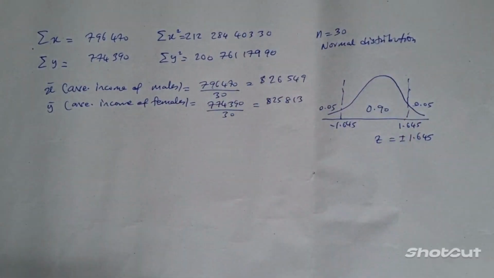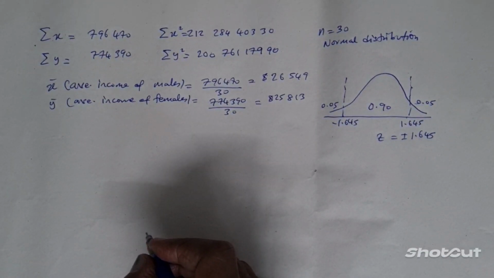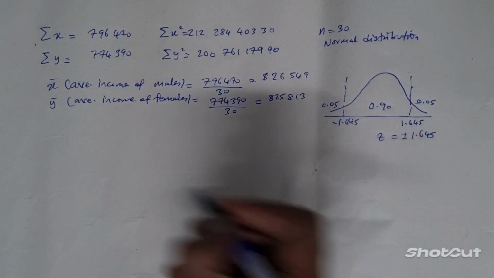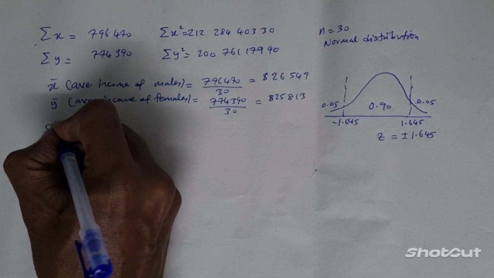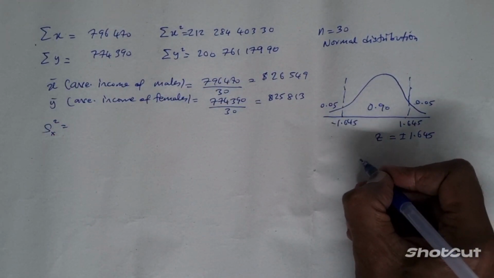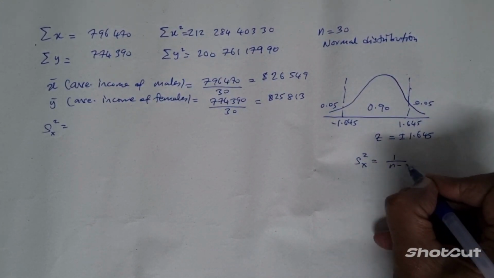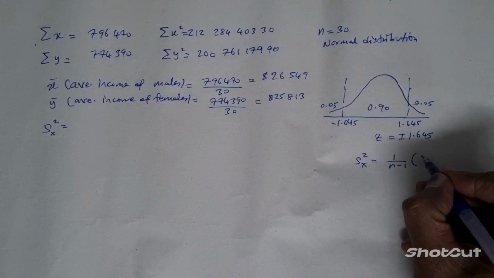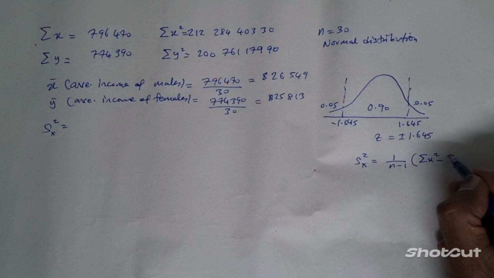So the next thing I want to do is find the unbiased estimate of the male and female population variances. An unbiased estimate of the male population variance is going to be, using the formula, 1 over n minus 1 into summation of X squared minus summation of X whole squared, and then divided by n.